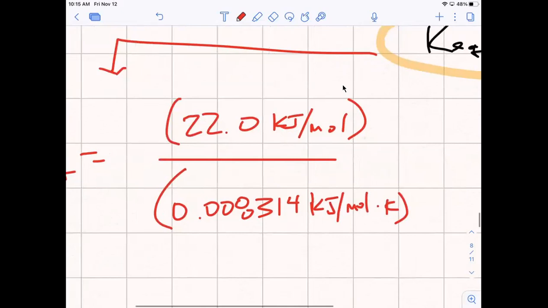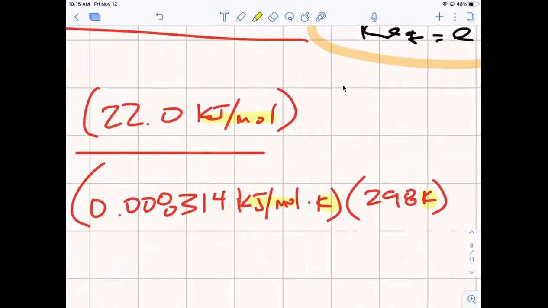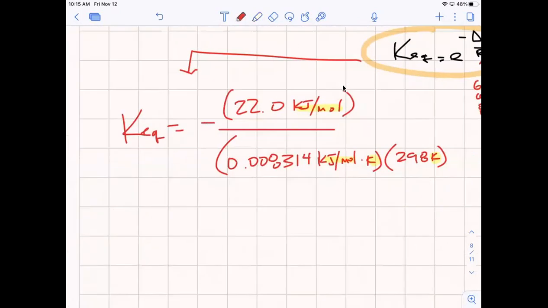That's the gas constant times temperature, which is 298. Okay, so you can see all this stuff is going to cancel. The Kelvin is going to cancel. The kilojoules per mole are going to cancel. So you're left with a unitless number. And this is negative. And then this is e raised to that.